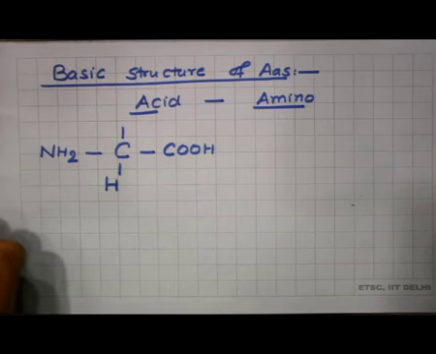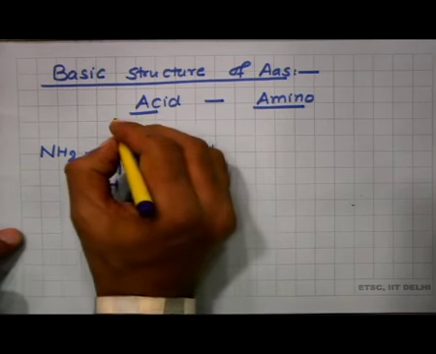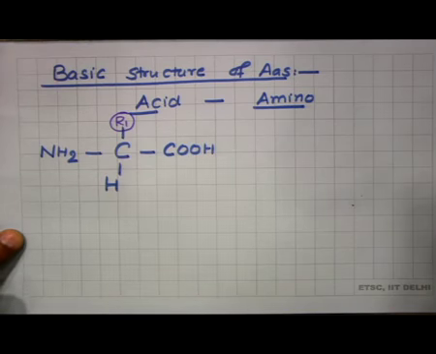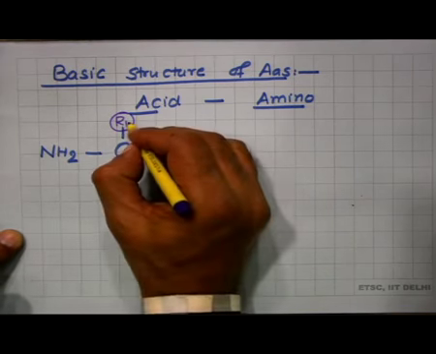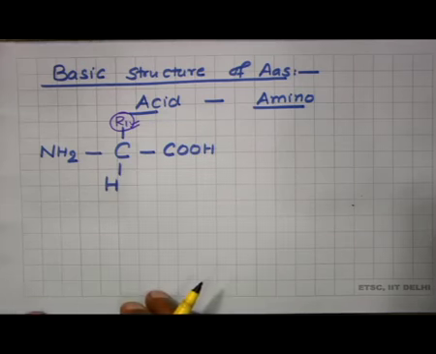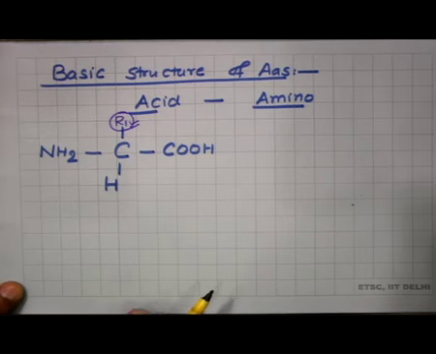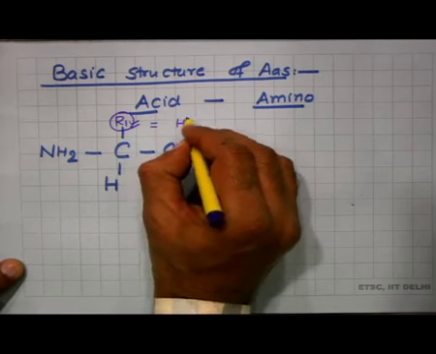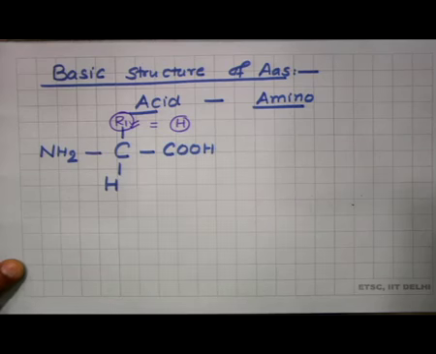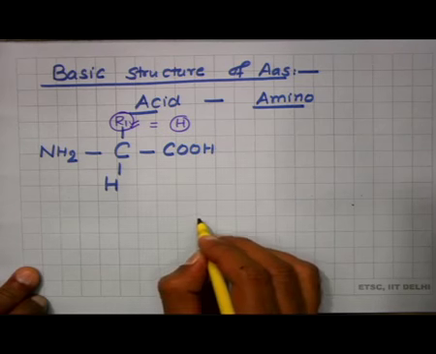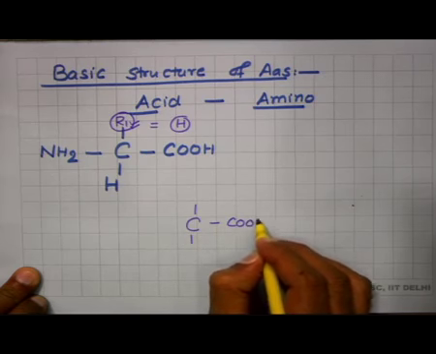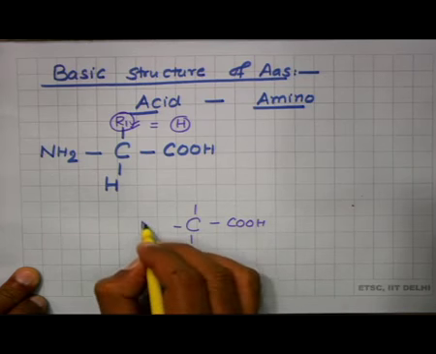This one group is R1. Due to variation of this group, different types of amino acids are formed, that is 20 different types of amino acids. So, if the R1 is replaced by H, the structure will be COOH, NH2.